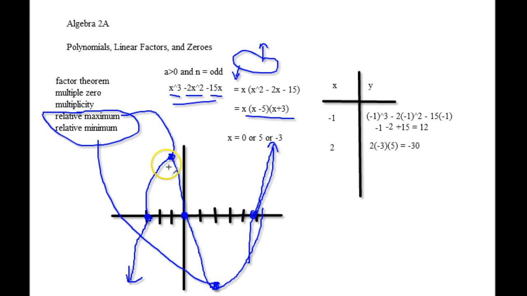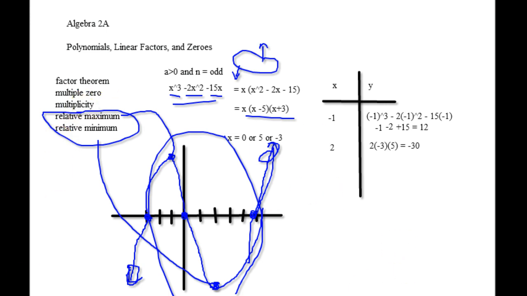The reason it's not called an absolute max or an absolute min is because these points are higher and these points are lower, so they're not that. But on this scale right here, these are the relative max and relative min to everything else. That's really kind of cool.